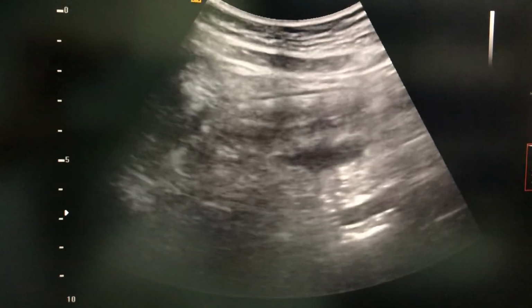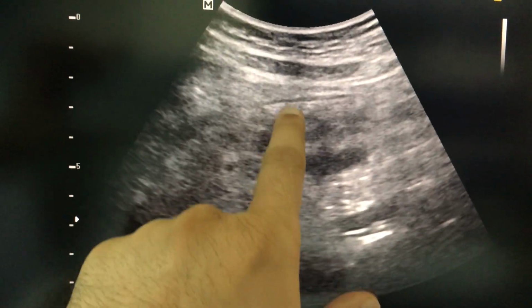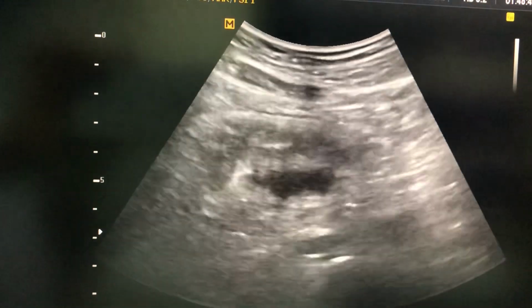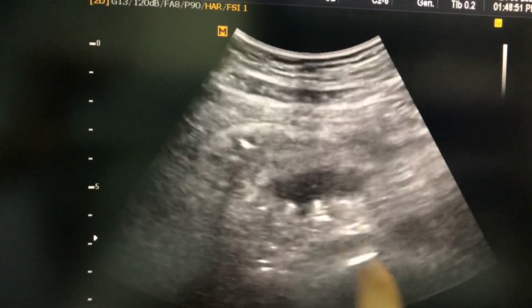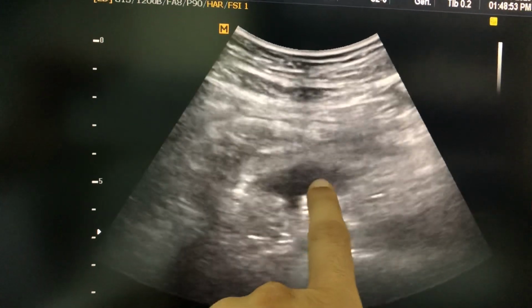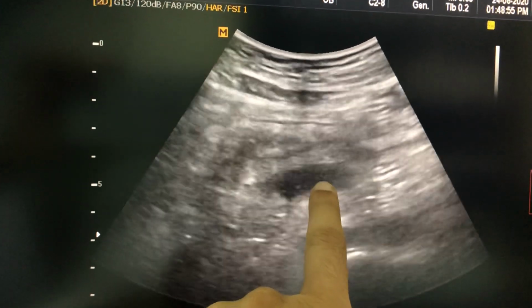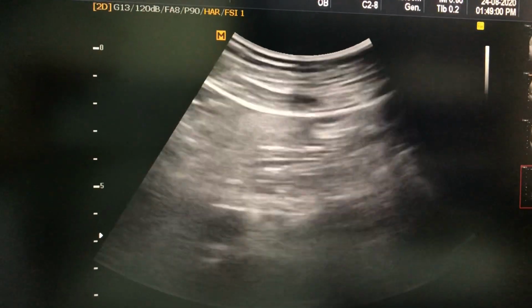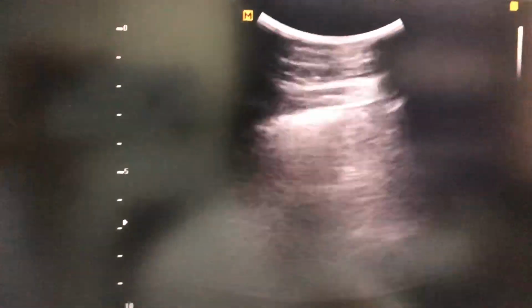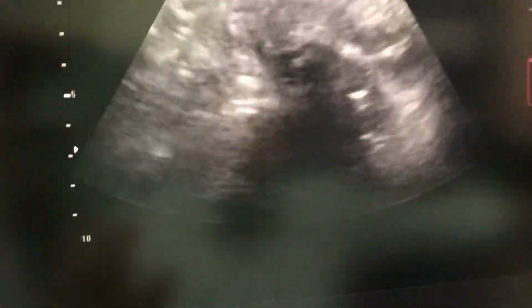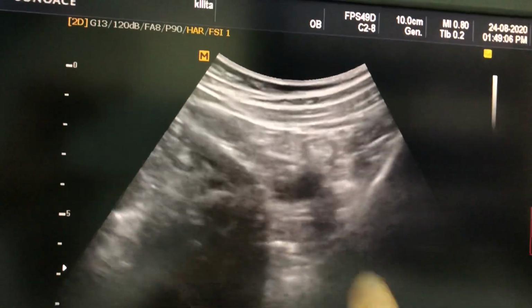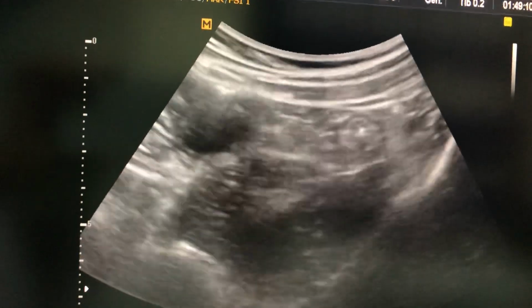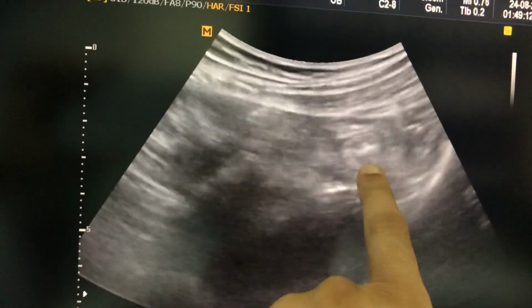Here we can see it very clearly. And beneath this transverse colon there is a fluid collection here. This is the descending colon over here.